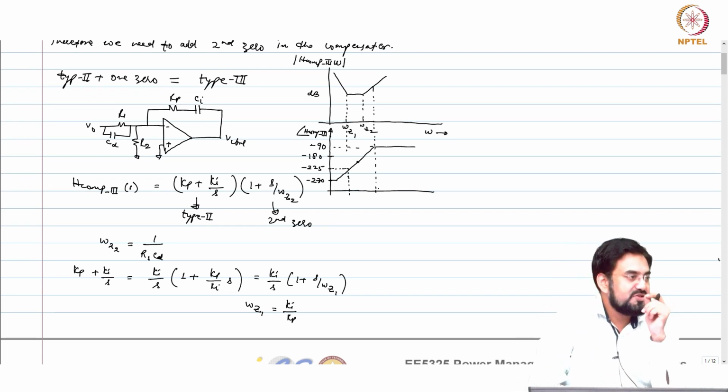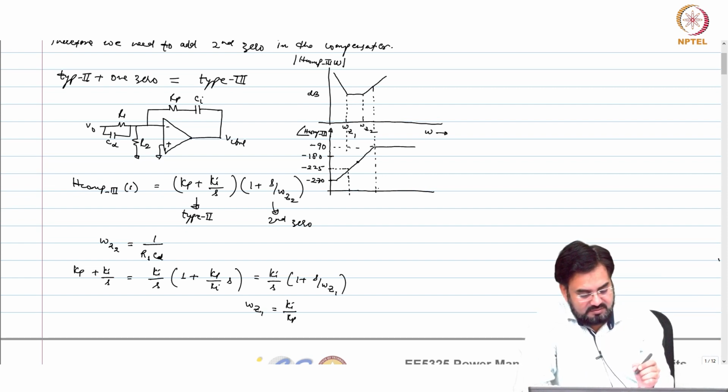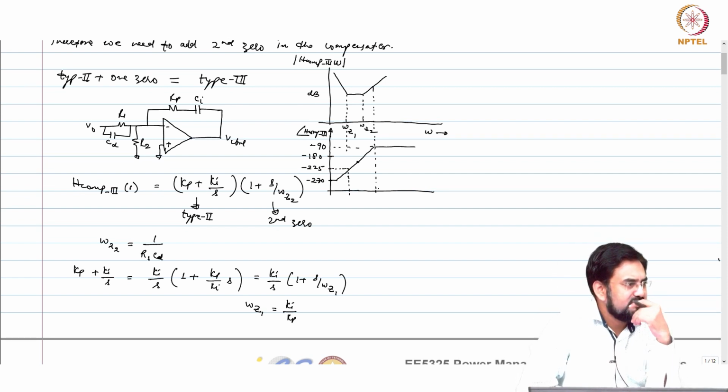Your omega UGB should be after Z2, not between Z2 and Z1. You cannot move your omega Z2 out of UGB, or you won't get any phase margin. So you want to maximize the phase. The phase margin is coming only because of omega Z2, because omega Z1 is only cancelling the integrator. So the phase is neutralized here.